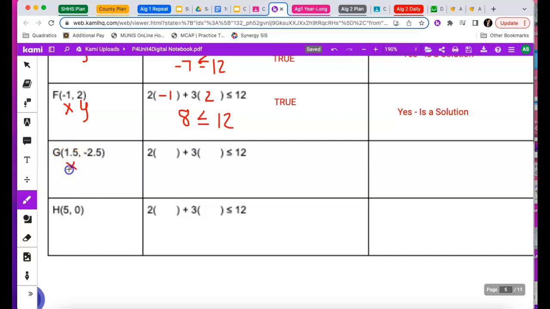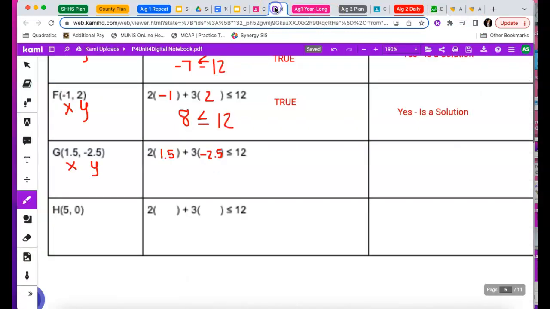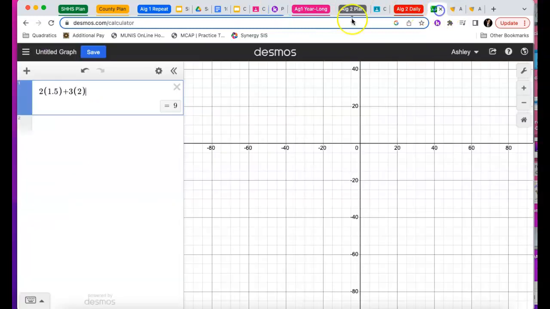So this time we'll plug in 1.5 for x and -2.5 for y. And especially when we have these decimals, we want to use Desmos to help us do the math. So 2 times 1.5 and 3 times -2.5.